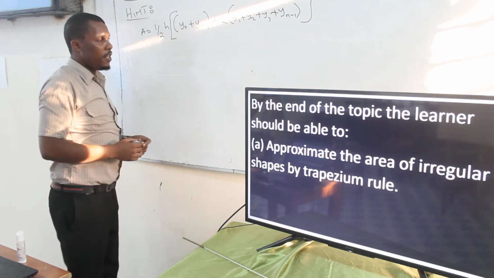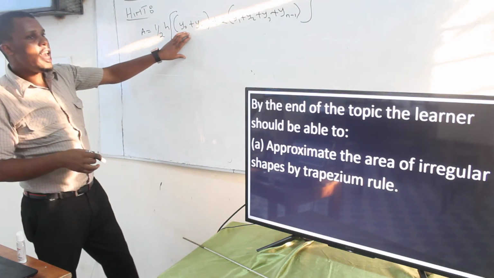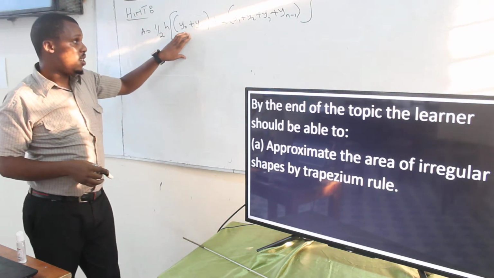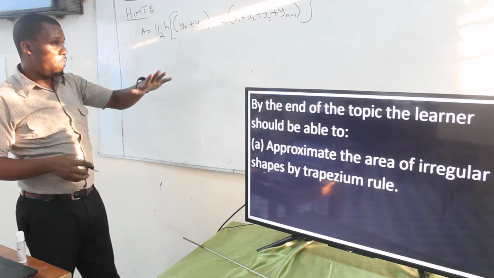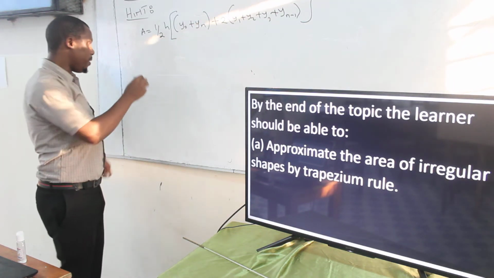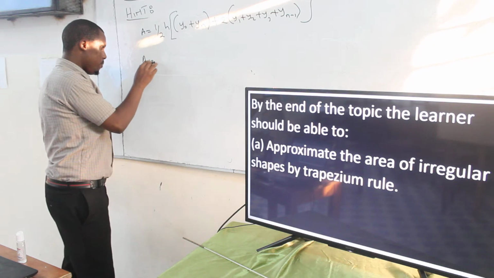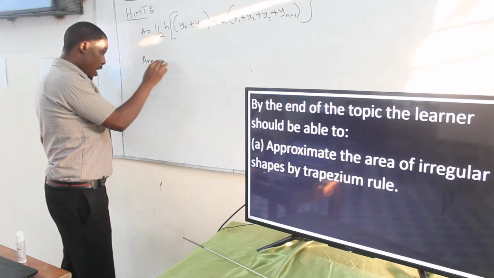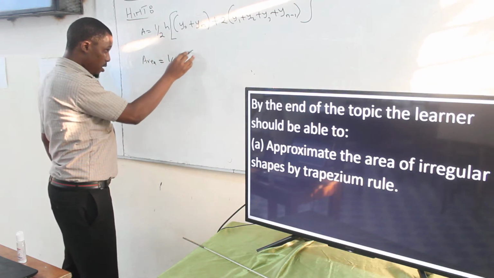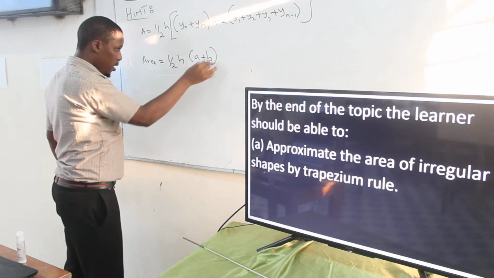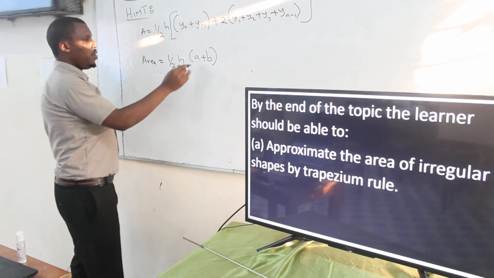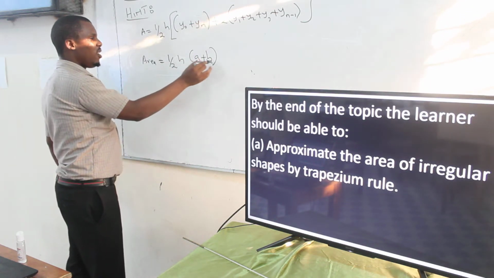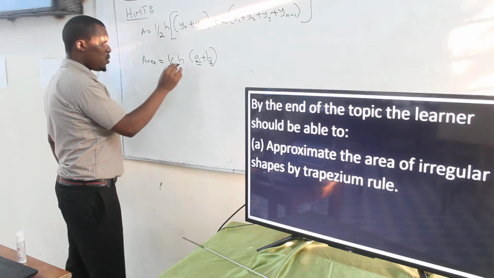These are the lengths of the trapezium that you're going to be using. Remember in Form 1 we talked about the area of the trapezium, being a half h times a plus b, whereby a and b are the parallel lengths of the trapezium and h is the height.